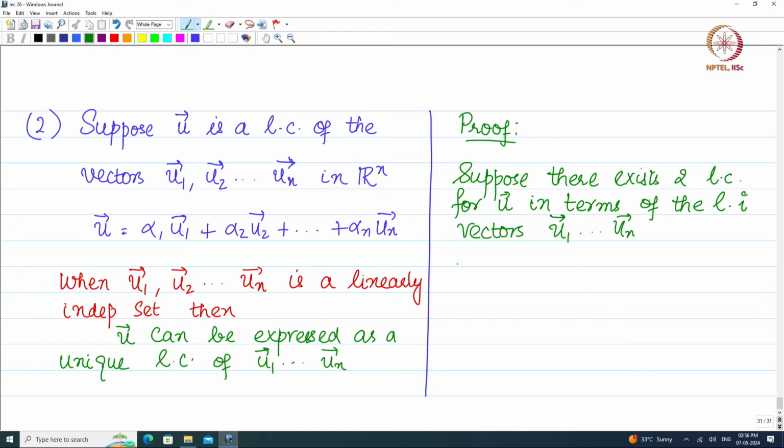Let us say we have two sets of scalars, namely the vector u is equal to alpha 1 u1 plus etc. plus alpha n un.